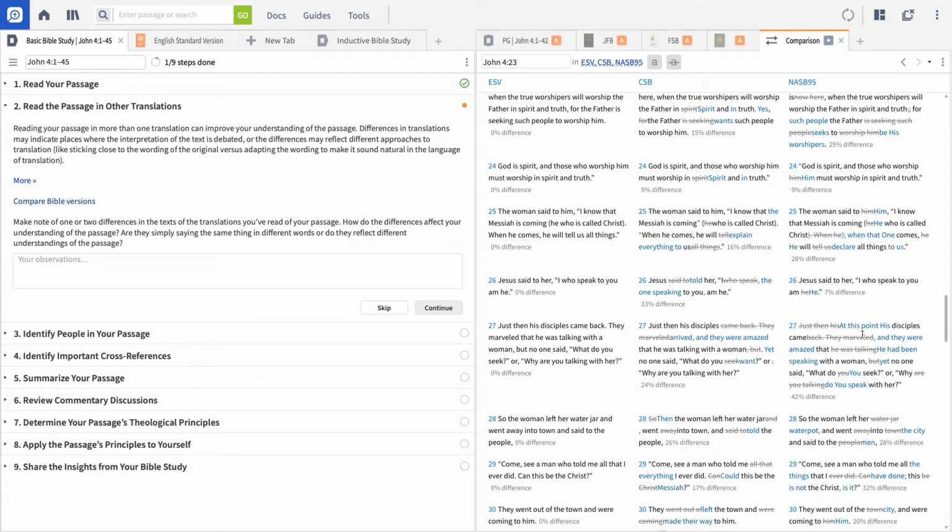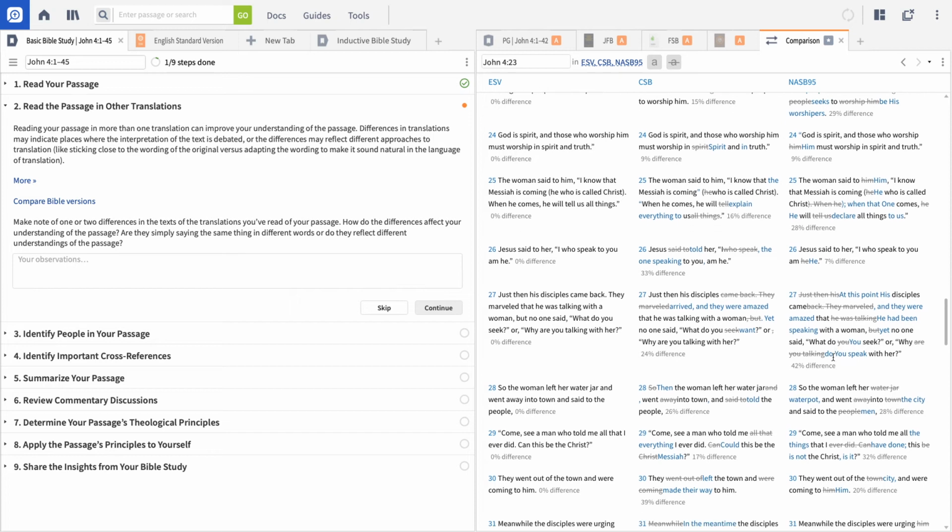Just then, okay, at this point, they came back and marveled. They were amazed that he was talking. He had been speaking with a woman, yet no one said, "What do you seek, or why do you speak with her?" Let's remove this for a second. Let's see.